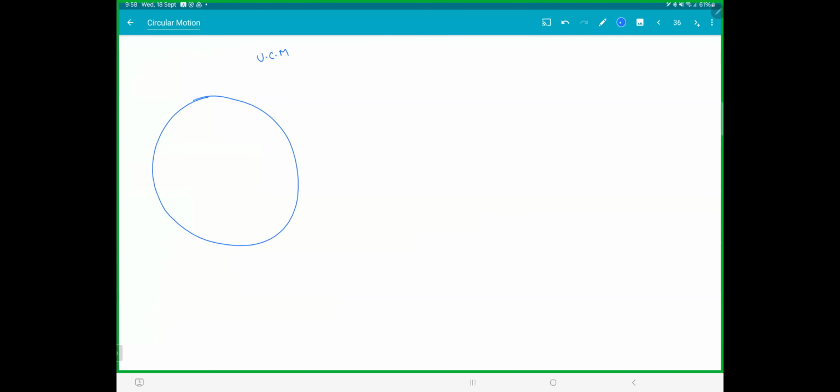So in UCM, if you look at the velocity, and if you look at the acceleration, now they'll ask these just theoretical questions. In uniform circular motion, velocity is constant. True or false?